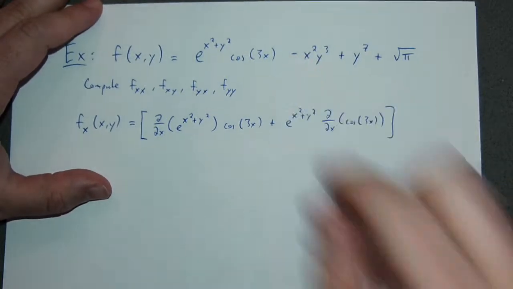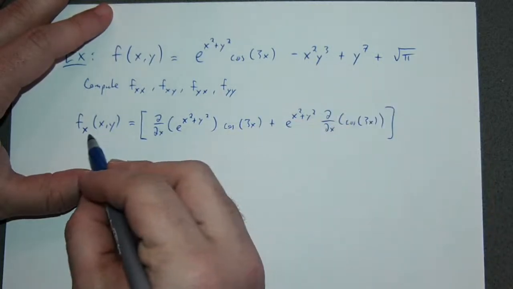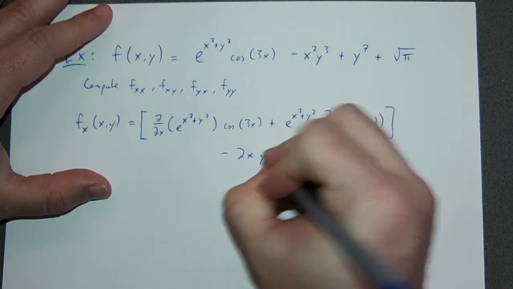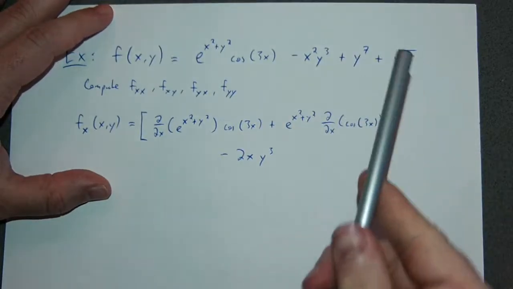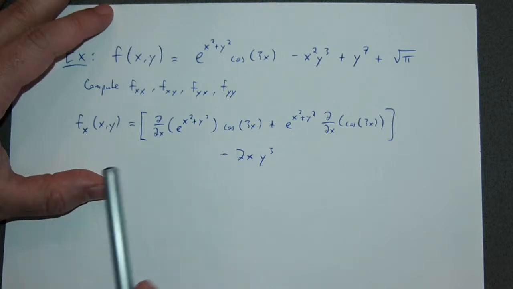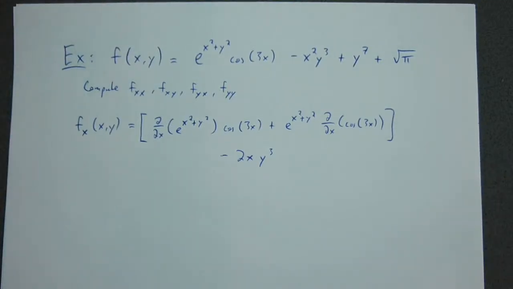In the next term, I would have minus x squared times y cubed. I'm taking the x partial of that, so this is minus 2x times y cubed. And the x partial of y to the 7th is 0, because that's constant with respect to x. And the x partial of square root of pi is also constant, so the derivative is 0.